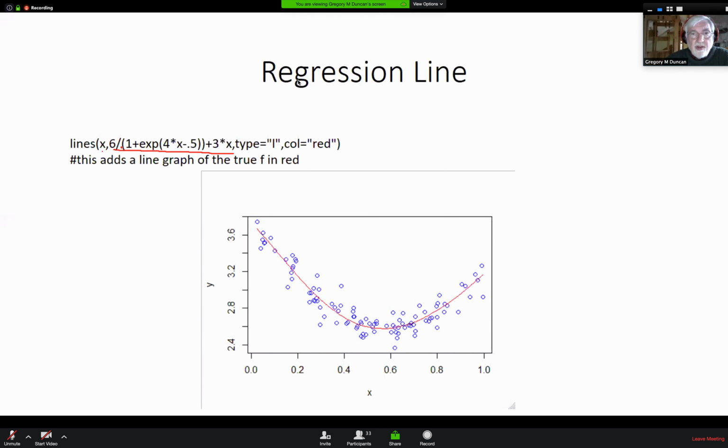I execute a line statement after the plot statement, and it overlays the line on that. If you wanted a separate plot of that, you would have that same statement there, but you would say plot instead of lines. And if I hadn't done a plot statement before, it would say, I don't know what you're talking about because you haven't done a plot statement yet.